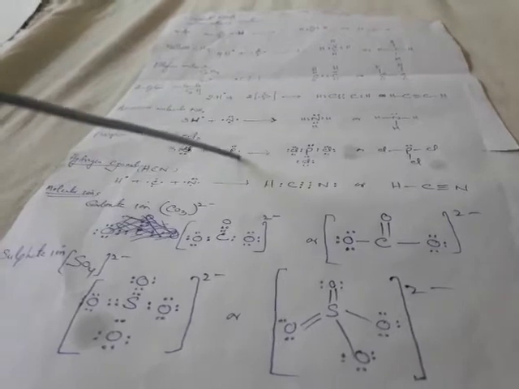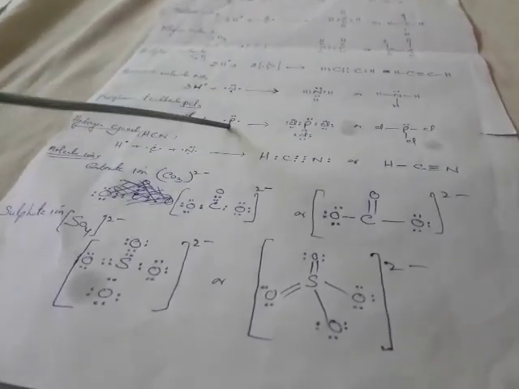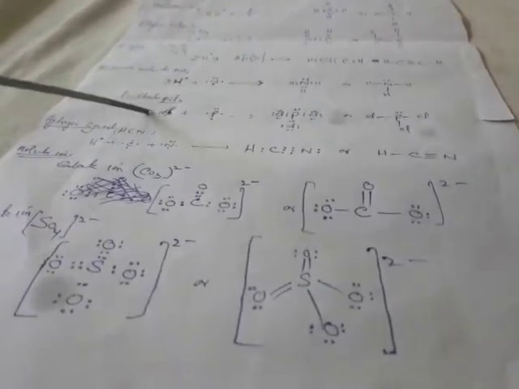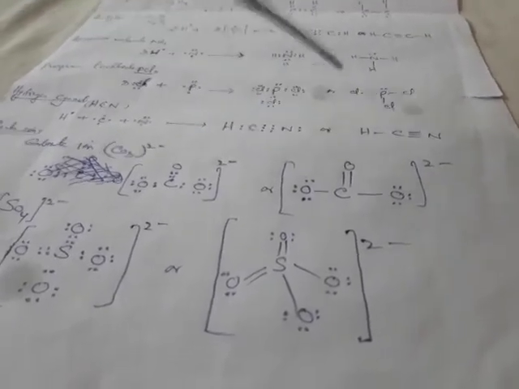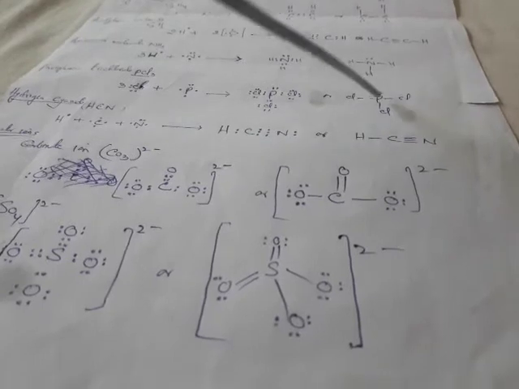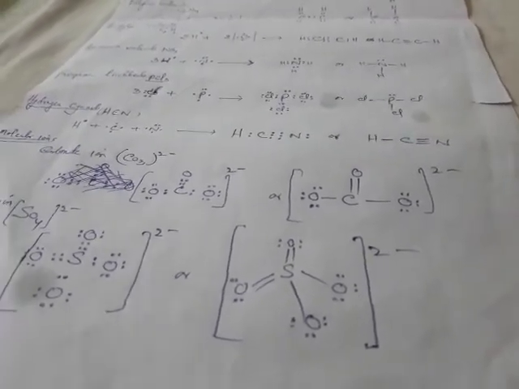Phosphorus has five valence electrons and needs three electrons to complete its octet, and it gets these from three chlorine atoms by sharing with the electrons of the three chlorine atoms to form three covalent bonds. So that is P, PCl, PCl, PCl, and again there is one lone pair of electrons on this phosphorus atom.